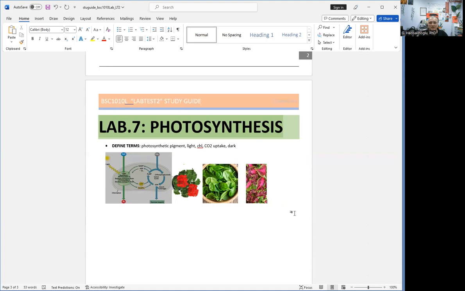Another experiment tested white light versus dark, using a geranium from a dark cabinet and a geranium from the light. We boil them in water and ethanol, then put some iodine on them and look at the color change. The correct color change here is black.